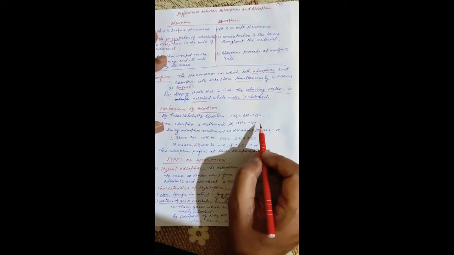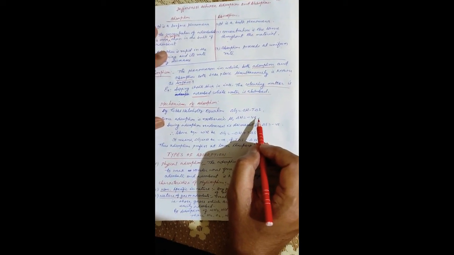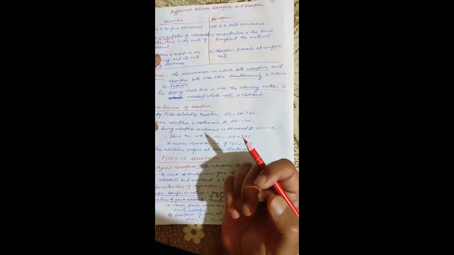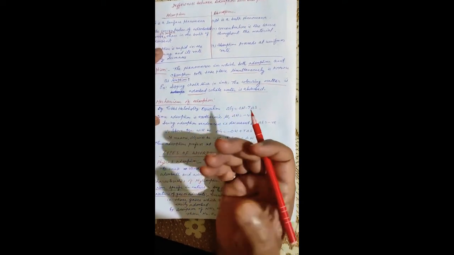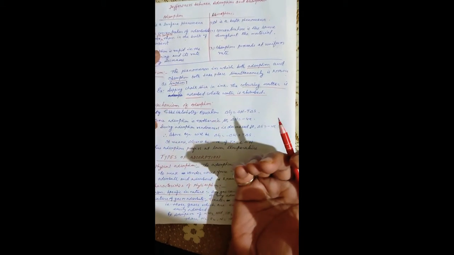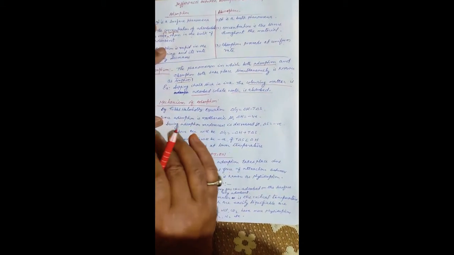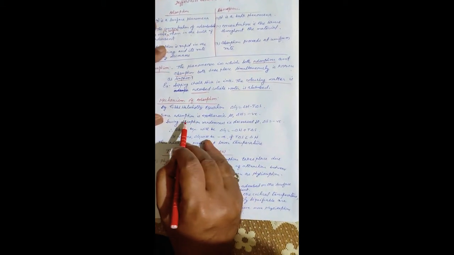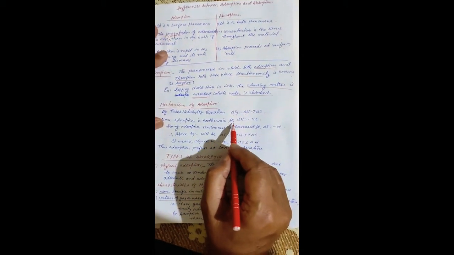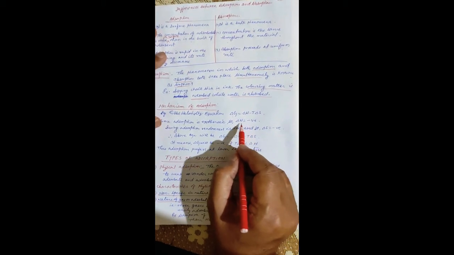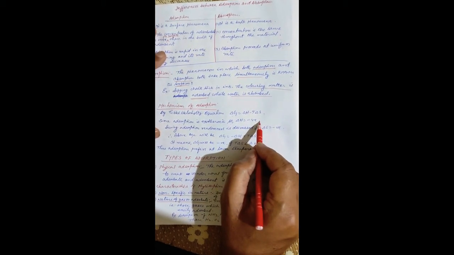Now the question is, why is adsorption exothermic? Because in adsorption, there is formation of a kind of bond, or there is interaction between adsorbate and adsorbent, and due to interaction between adsorbate and adsorbent, some heat is released. So during adsorption always heat is released and delta H is negative.